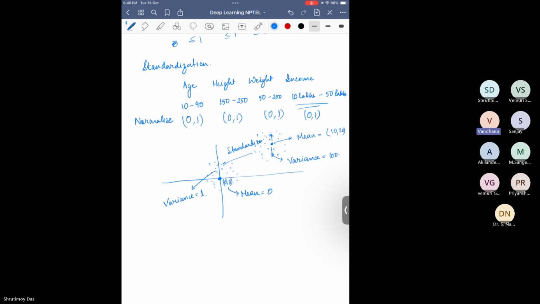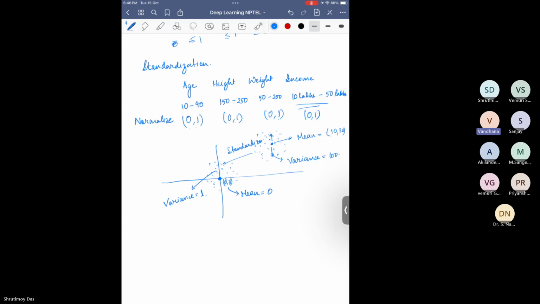As far as I remember, there is StandardScaler in sklearn preprocessing, which is used for standardization, and then there is MinMaxScaler, which is used for normalization. I know that they are used, but the basic concept is why we need to standardize, why we need to normalize, and in what situation we need to normalize and in what situation we need to standardize.